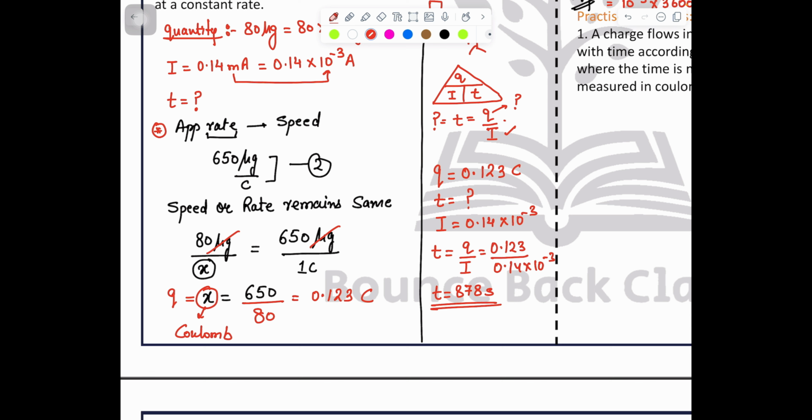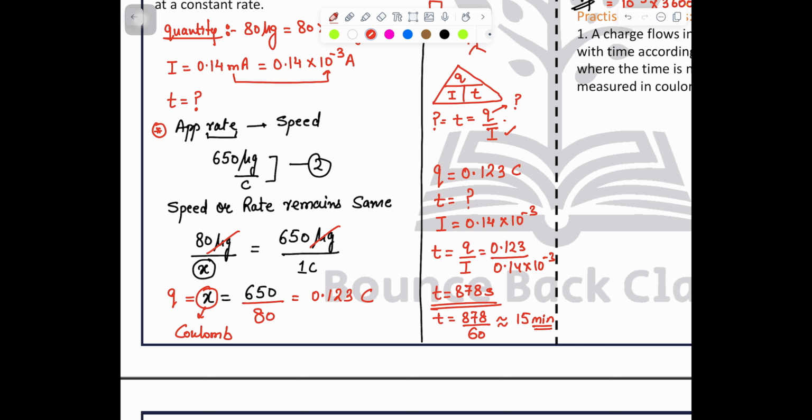But this is the case, as per the case of hospital. So we need to identify time in terms of minutes. To convert into minutes, so what will you do? Divide by 60. So T should be equals to 878 divided by 60, which is approximately 15 minutes.